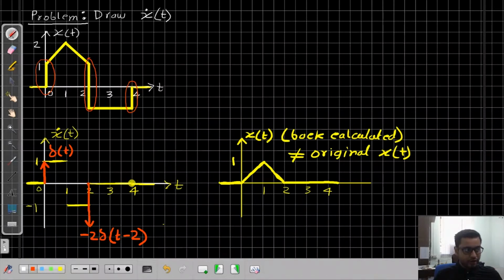So at this point we have to add a positive delta function, and the strength of this delta function will be 1 unit, because here the change is 1 unit, and this I shall write as delta of t minus 4, because it occurs at time t equal to 4. So this is the correct derivative.